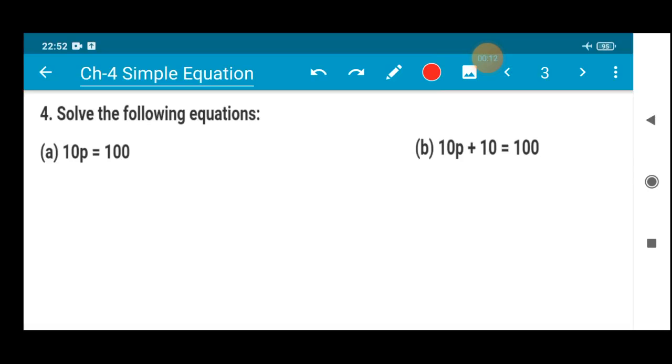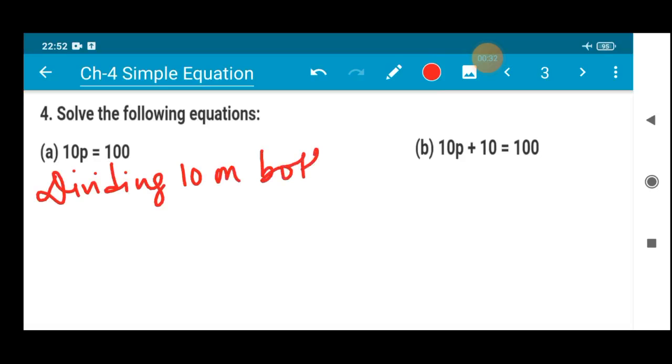Okay, so the question is, solve the following equation. The question is very much similar to the previous question, right? So here it is 10p, the coefficient is multiplied with the variable. So what we are going to do, we will be dividing 10 on both sides.